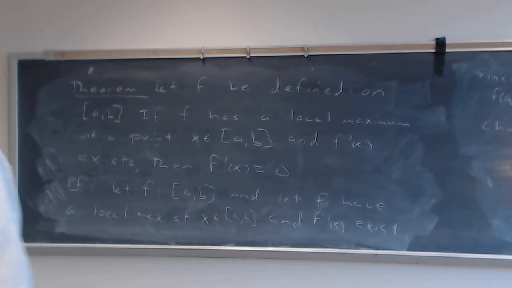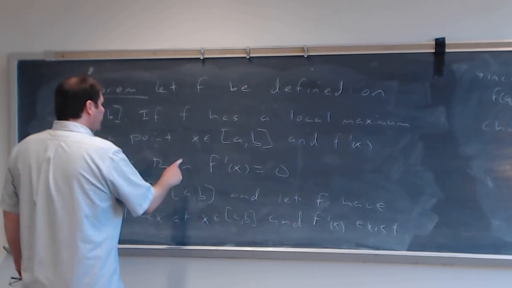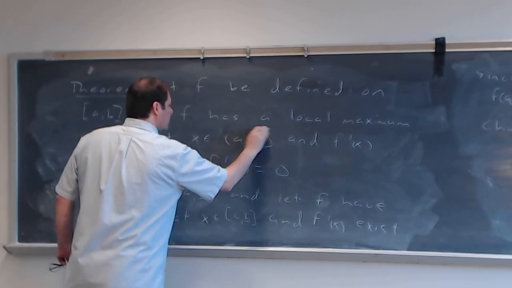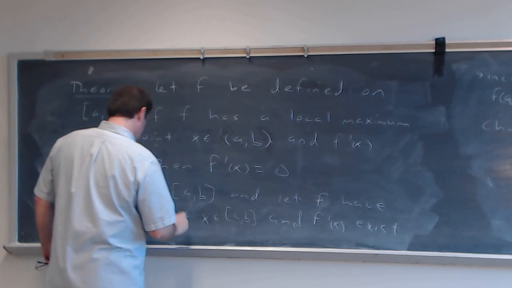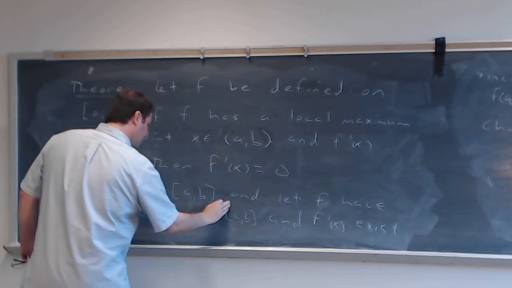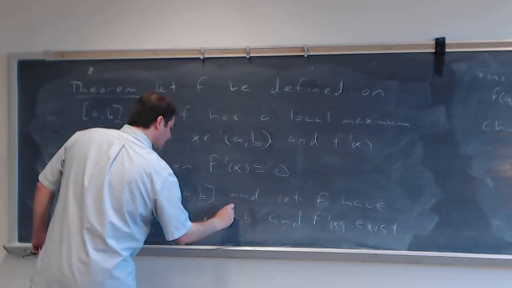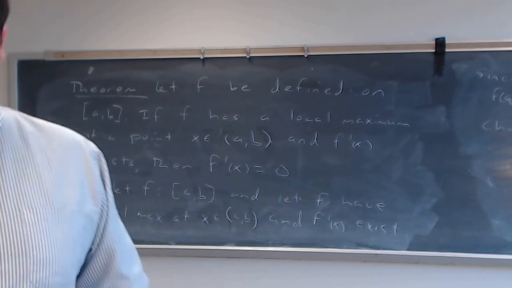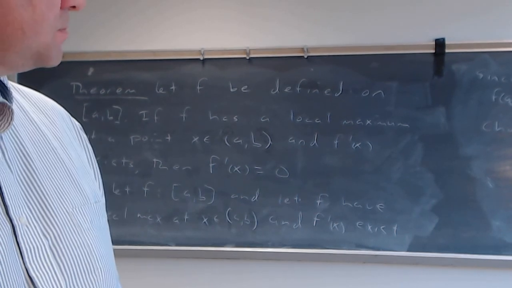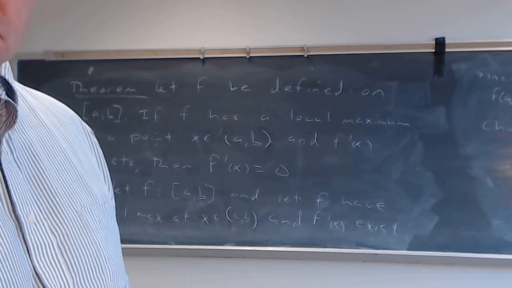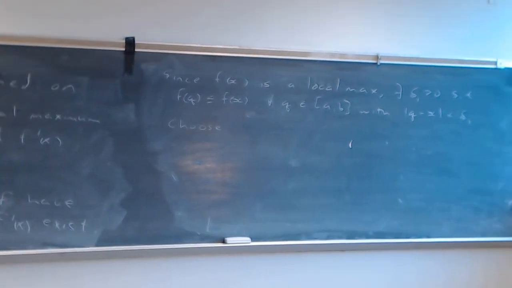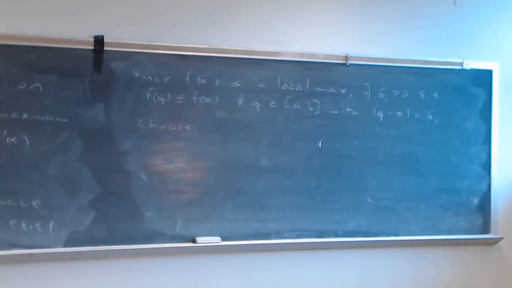The x here is not in a closed interval, but rather in the open interval. So f is defined on the closed interval, but x has got to be in the open interval. Okay, so what we have written is correct.